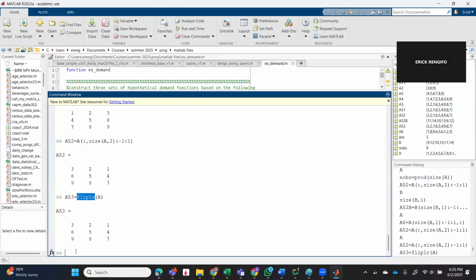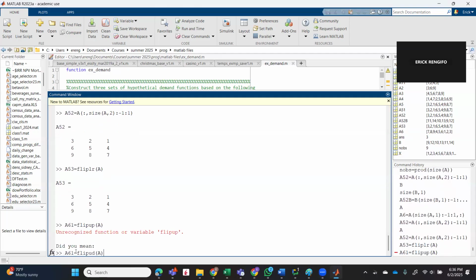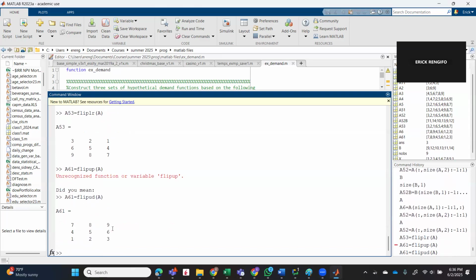Of course, there is also another command that is flip up and down, that simply flips the rows. Make sense?